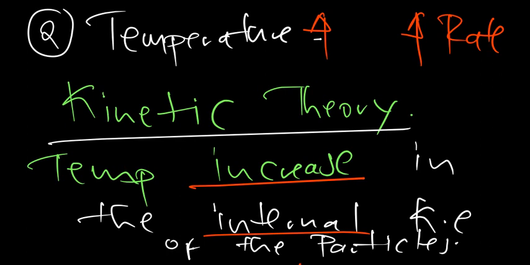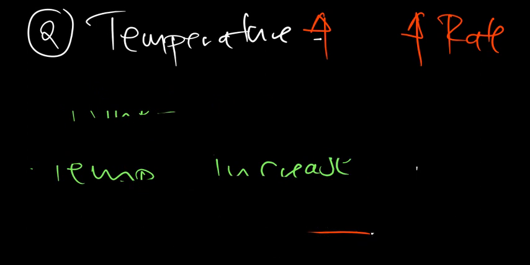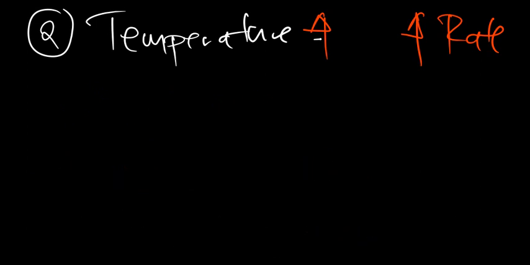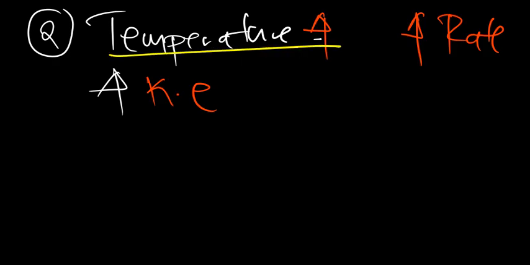So what that implies is if you increase the temperature, you are increasing the speed, because kinetic energy is the energy that is concerned with the movement of particles, right? So when you increase the temperature of the reactants, you are increasing the kinetic energy of what? Of particles.